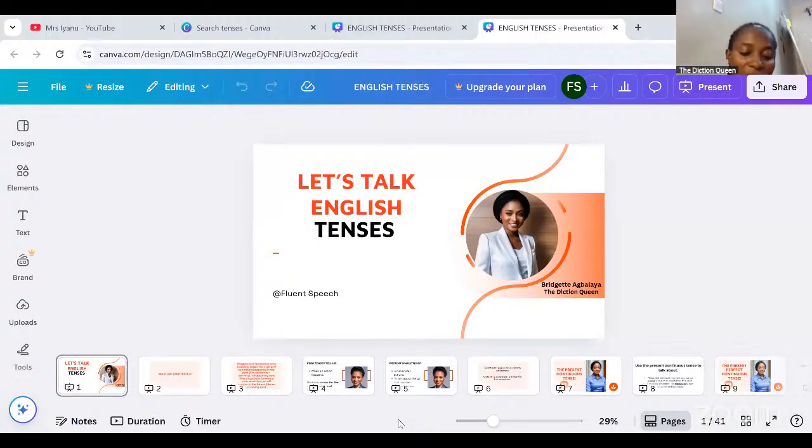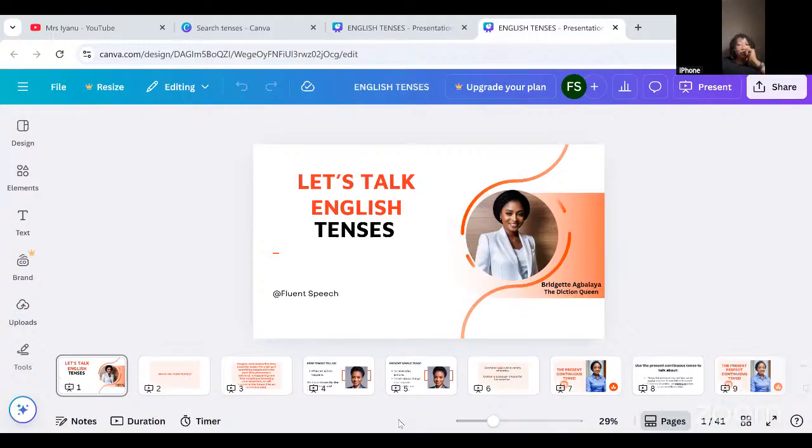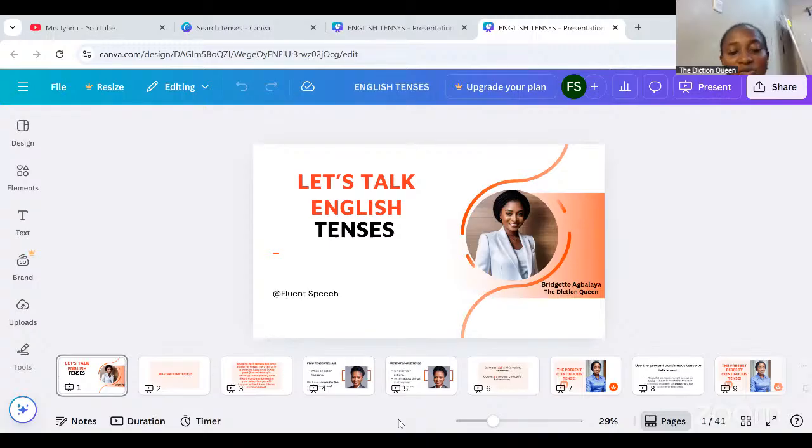I feel that it's important that we start with tenses first. Tenses would take about 2 weeks, considering we're meeting twice a week. So this week and next week, because I do not want us to rush the content.